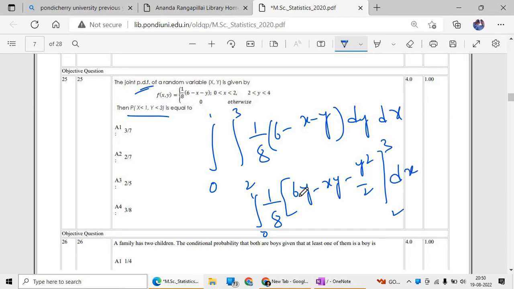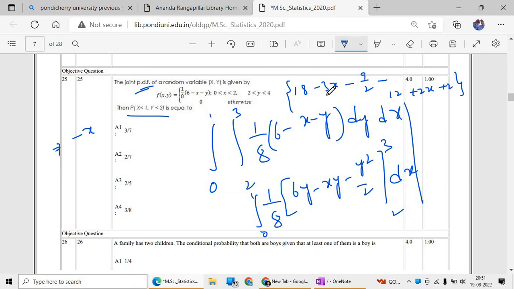So when you substitute 3 here, 18 minus 3x minus 9 by 2. So this is one limit, minus, when you substitute 2 here, 12 minus 2x minus 2 square by 2, that is 4 by 2, minus 2 means plus 2. So finally we have this expression. First we can write minus x.